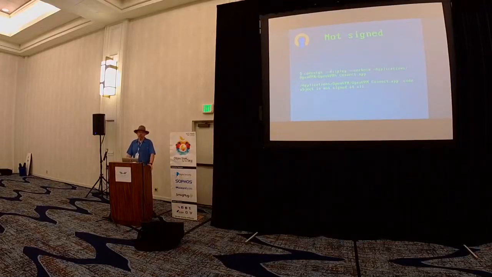You couldn't tell that it had been modified unless you went and downloaded OpenVPN on another system, installed it, and then grabbed all the parts from here and all the parts from there and compared them. Nobody's going to actually do that. So this is a problem. You can't verify that application.